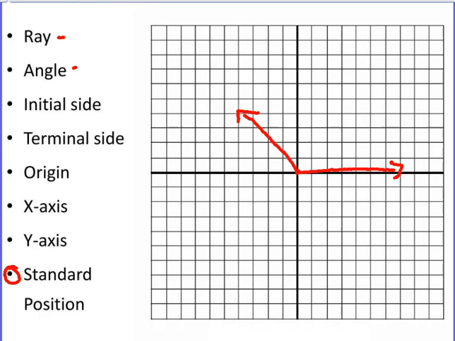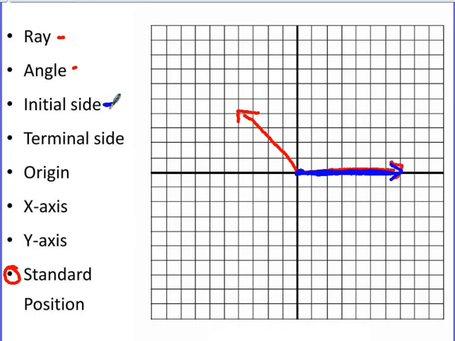When it's in standard position, the initial side is going to be on the x-axis in the positive direction. So all of our angles in this class are going to have a ray that starts at 0, 0, the origin, and goes along the x-axis in the positive direction.